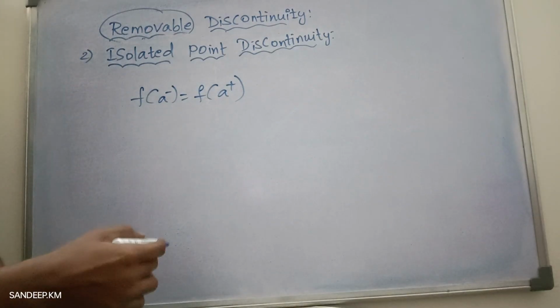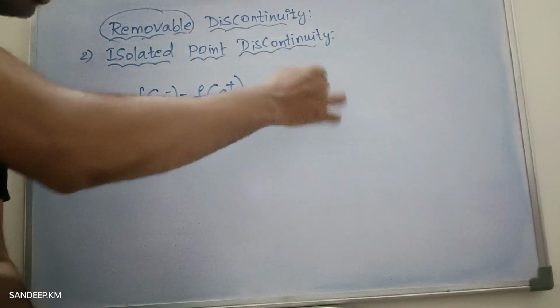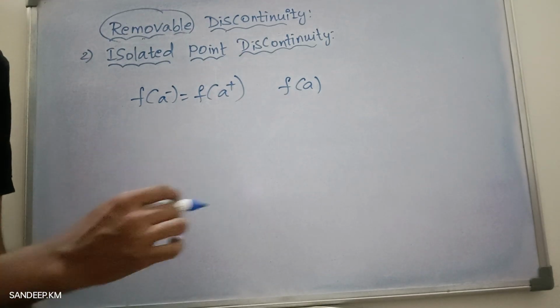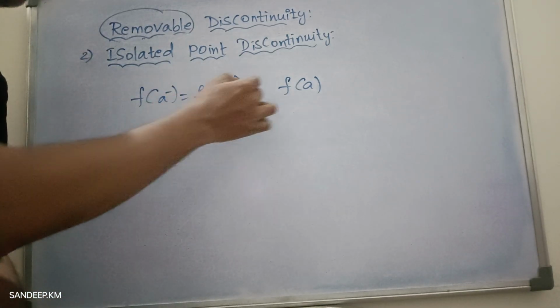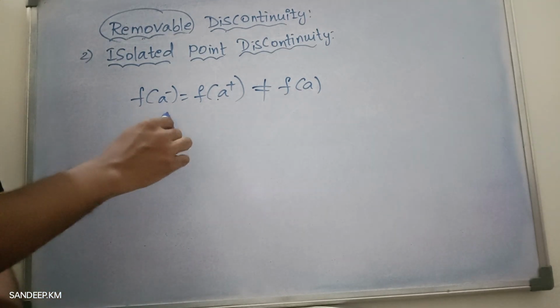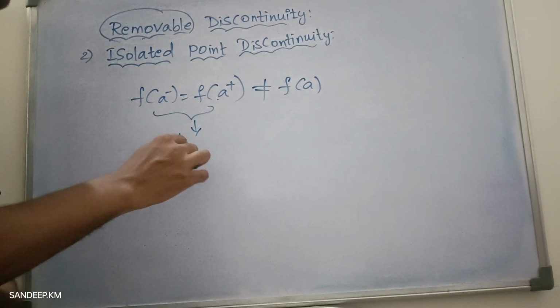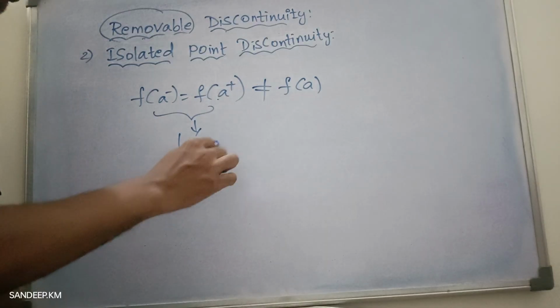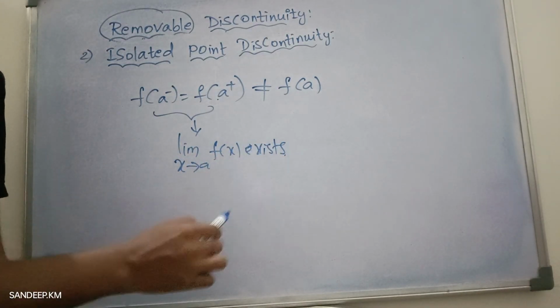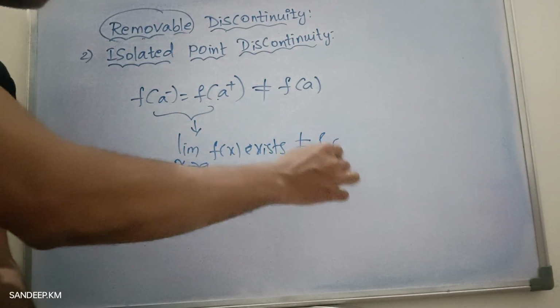Okay now, and f of a also is a finite value. F of a is also a finite value, but the problem is that these two will not be equal to f of a. So we can say that limit x approaches a, f of x exists. But this will not be equal to value of the function.